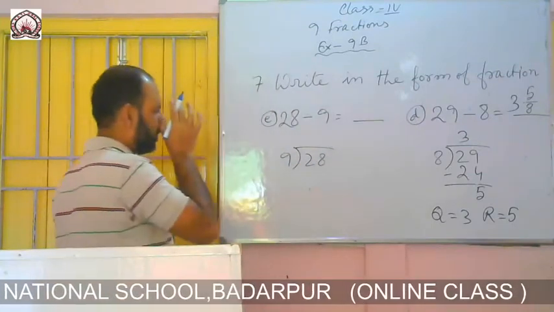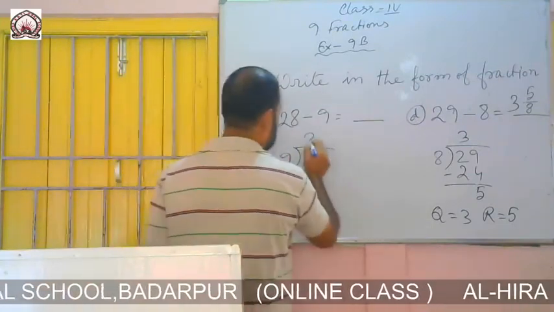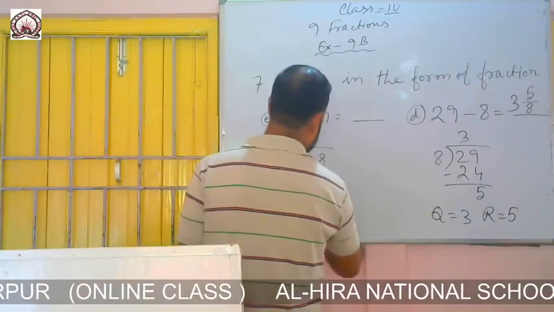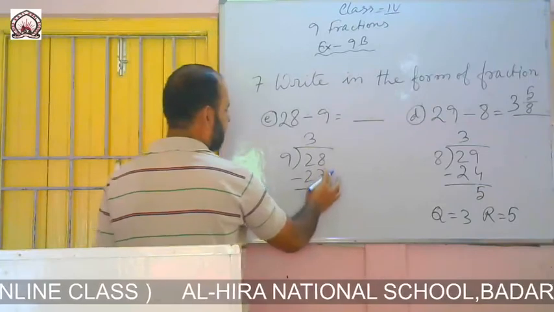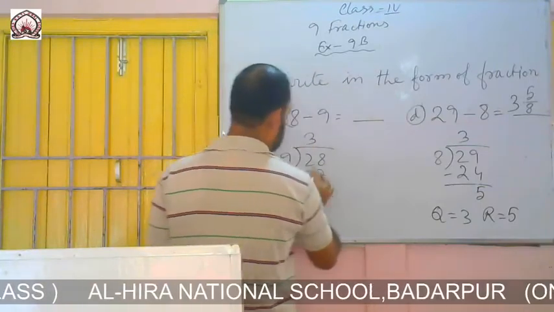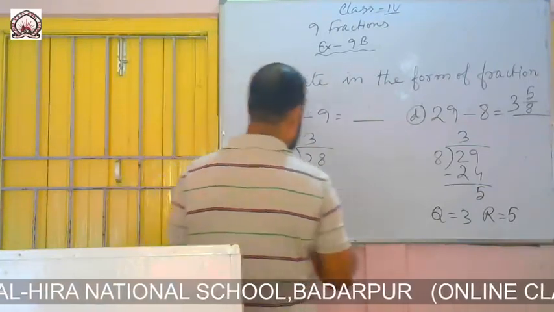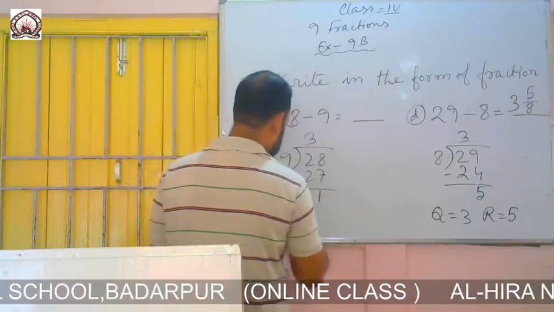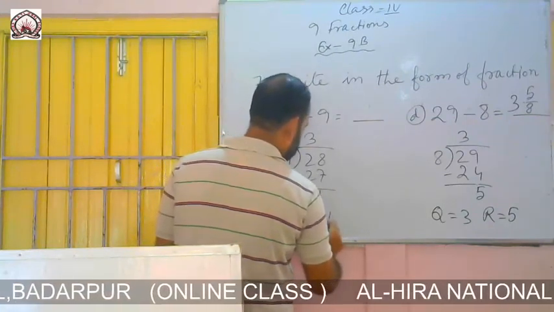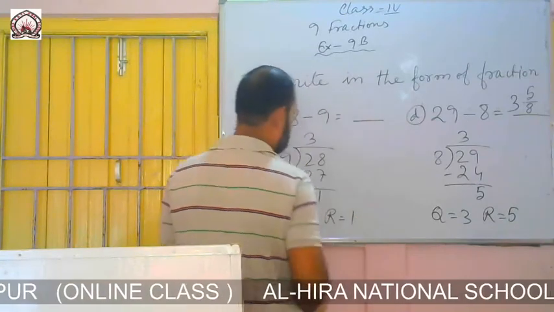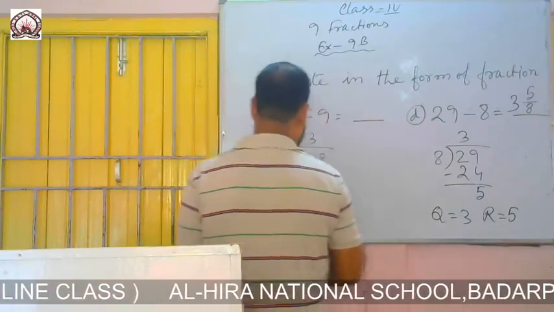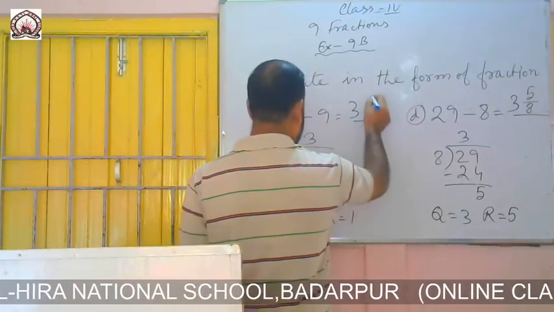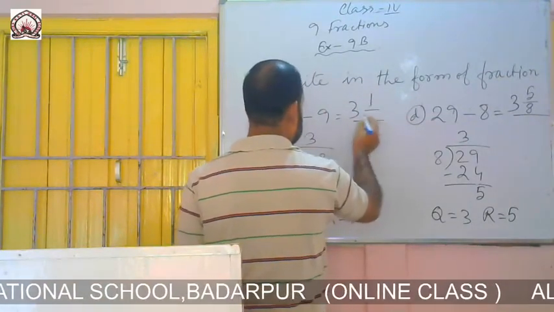So we know 9 3 are 27. So minus 8 minus 7 is equal to 1, 2 minus 2 is equal to 0. So here quotient equal to 3 and remainder equal to 1. So here fraction is 3 1 by 9.